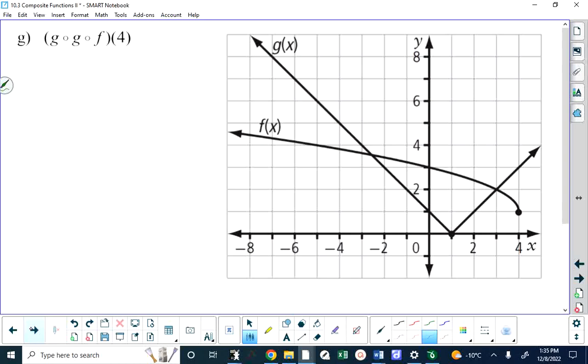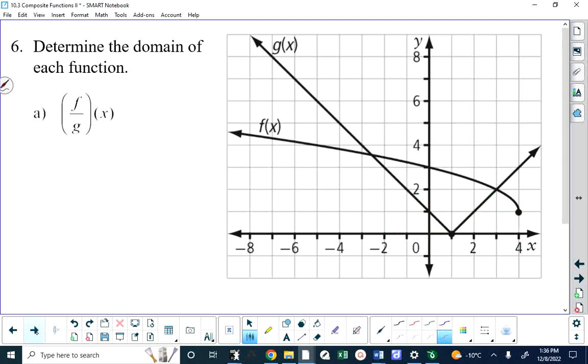Yeah, it's 1. 4 goes into f. What comes out is the number 1. 1, which is right here, goes into g. This is g. What comes out of g is 0. g is the final stage. We're going to put 0 into g, and what comes out is 1. So this is equal to 1.